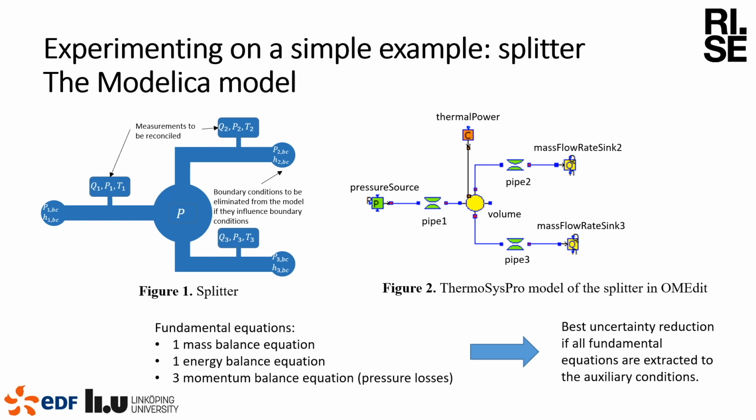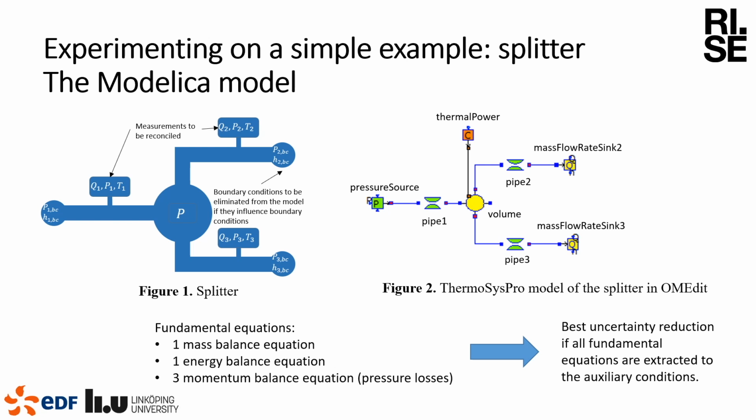In figure 1 of the splitter, you can see that there are 9 variables to be reconciled, namely Q1, P1, T1, Q2, P2, T2, Q3, P3, and T3. We also have the boundary conditions to be eliminated, namely P1, H1, P2, H2, and P3, H3. These boundary conditions need to be eliminated if they influence the variables to be reconciled.